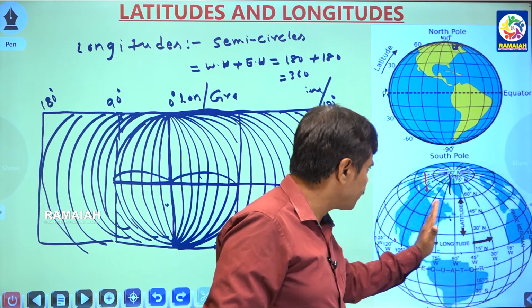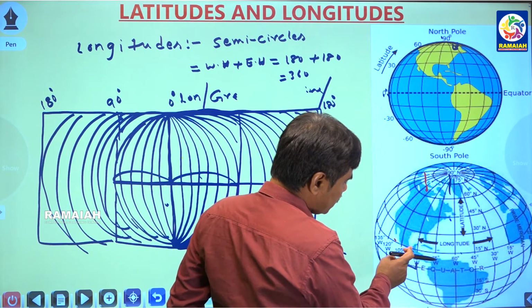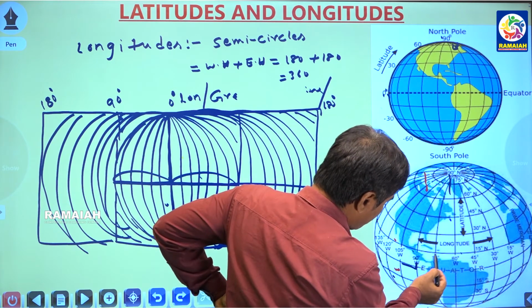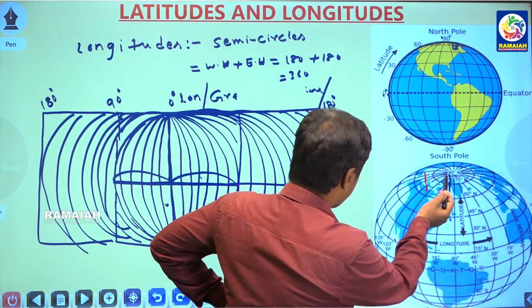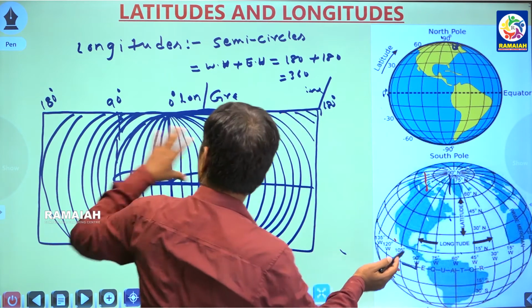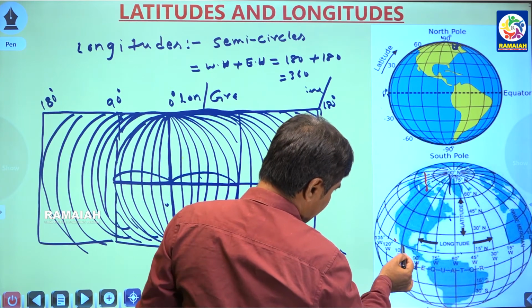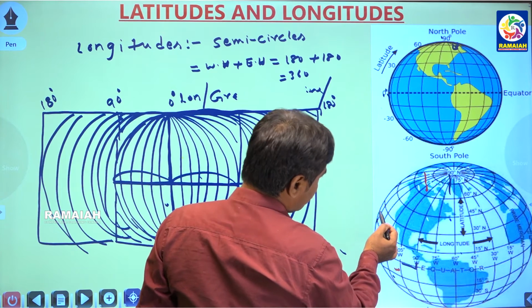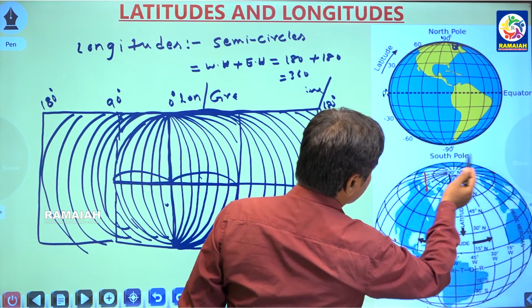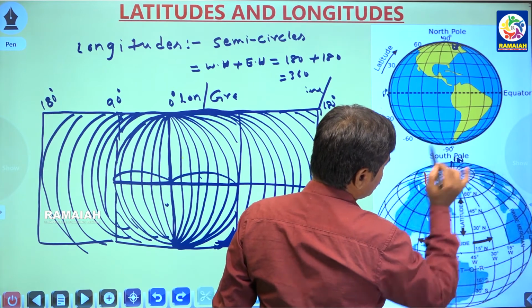The western hemisphere is divided into 180. From here to here 90, and the back side also is there. This back side portion is shown here only, like 105, 120, 135. That back side also is there. Totally this is 180 longitudes.